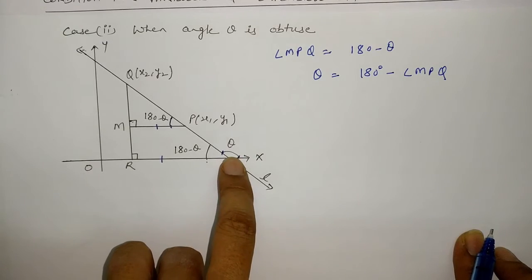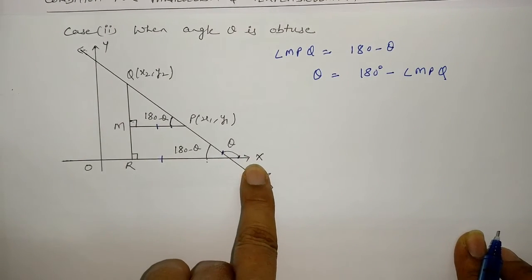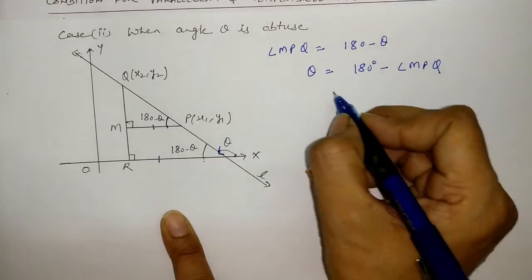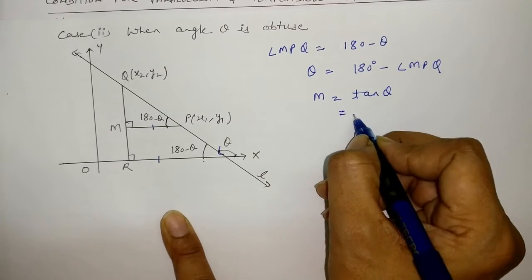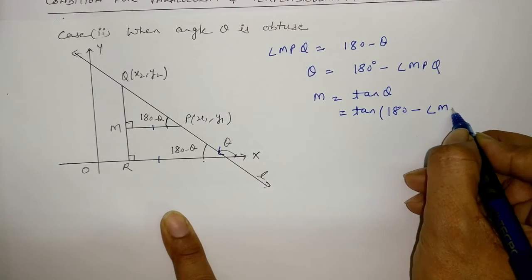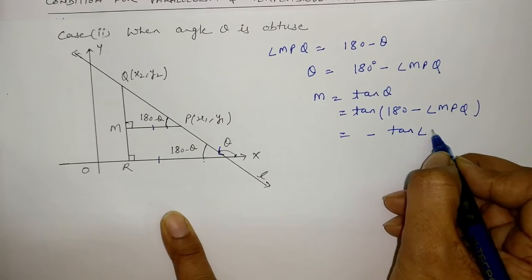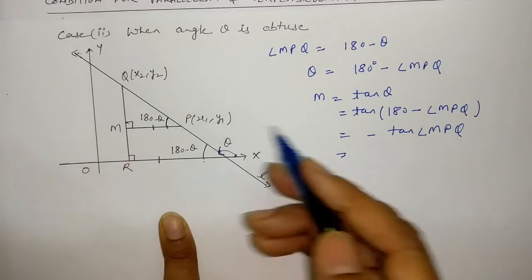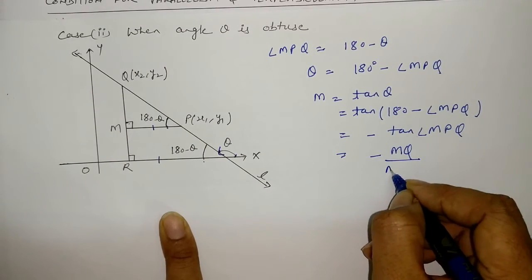This theta is the angle of inclination of this line with the positive direction of the x-axis taken anti-clockwise. We have to find the slope, which is tan theta, that is tangent of 180 minus angle MPQ, which is minus tan MPQ. Now in triangle MPQ, this is going to be minus MQ upon MP.